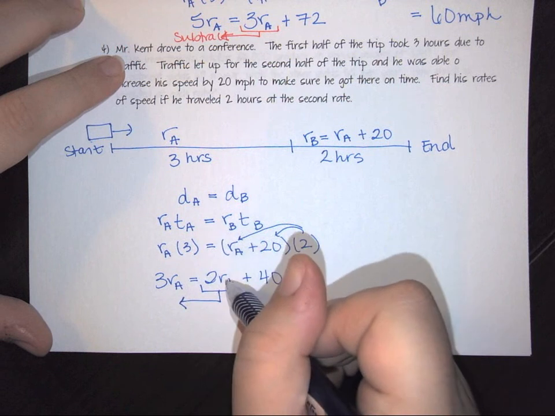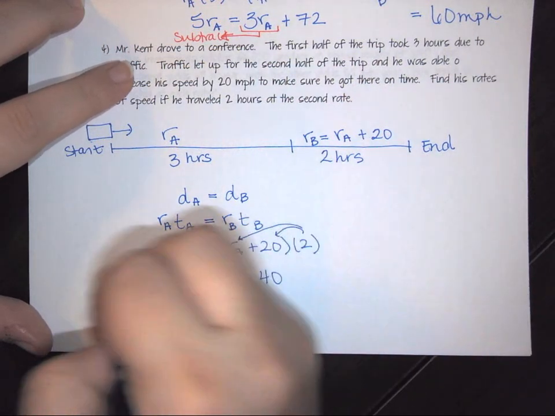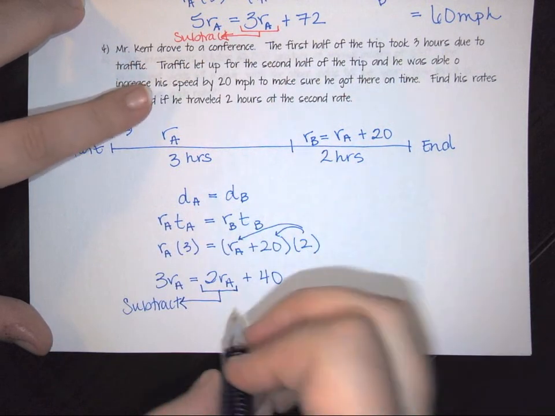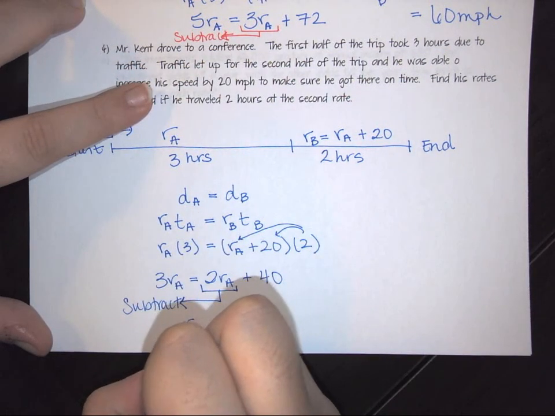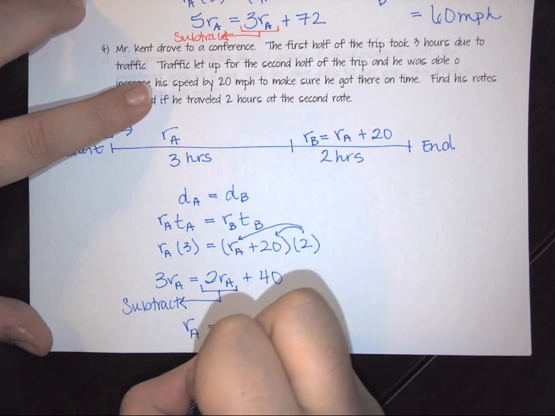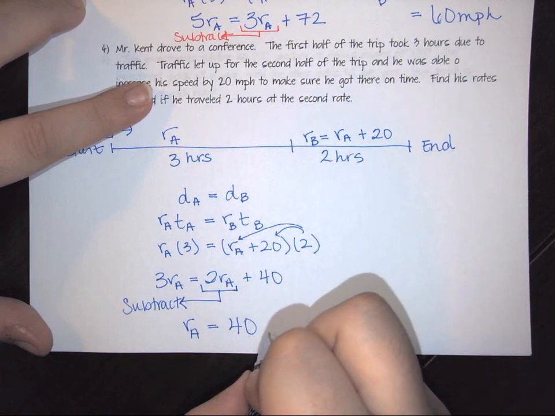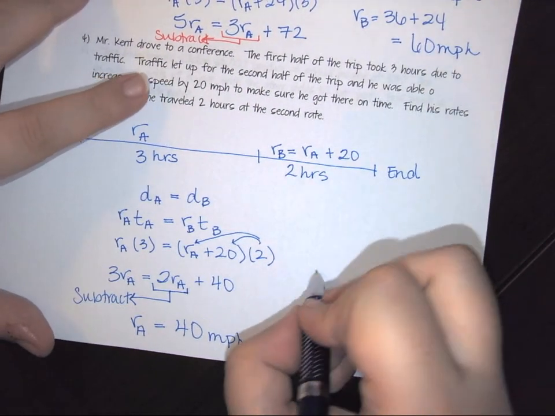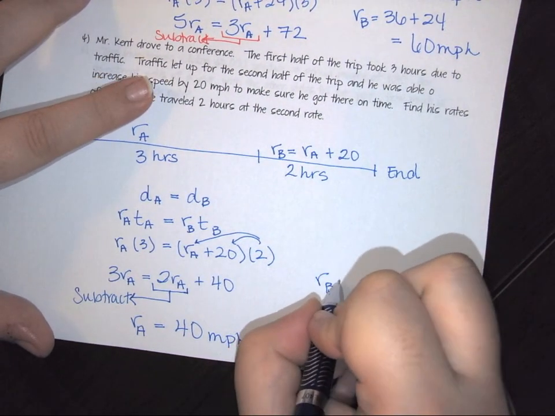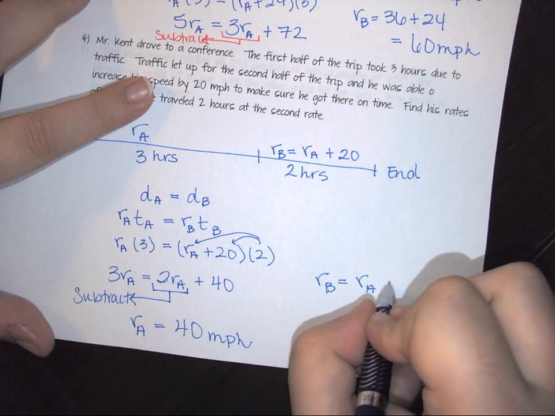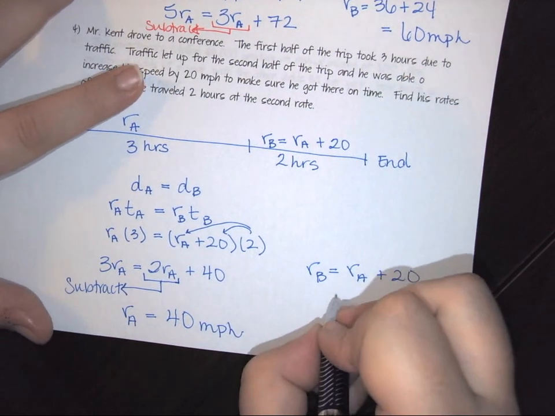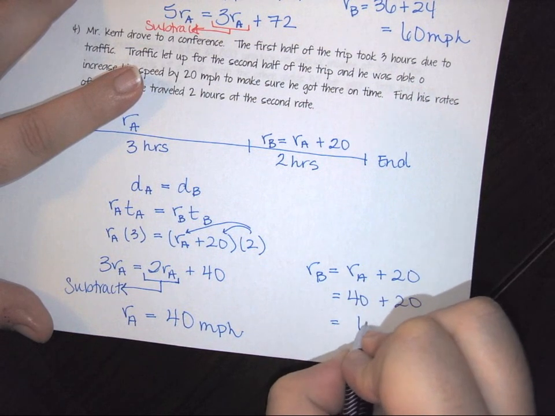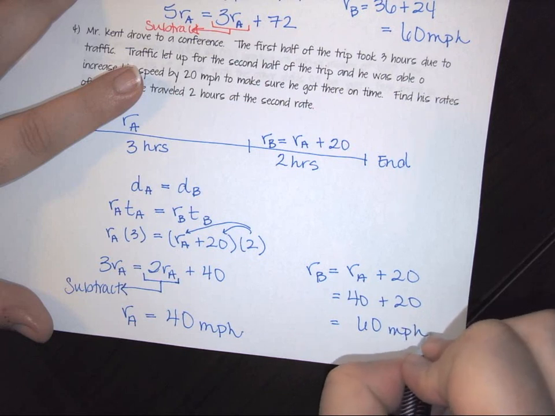Again, since this is positive, to combine it I have to subtract. 3 minus 2 leaves me with 1, so the rate in the beginning is going to be 40 miles per hour. Now the other thing that we know is that the rate of B was the initial rate plus 20. So this is going to be the 40 plus 20 leaves us with 60 miles per hour.